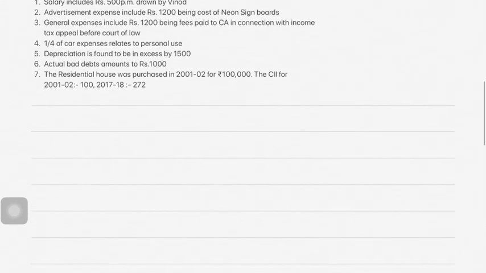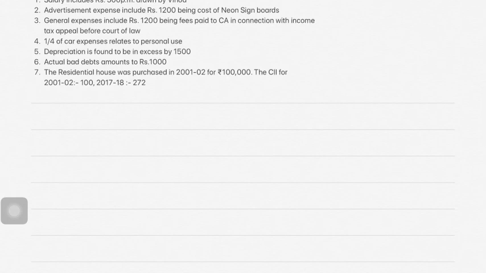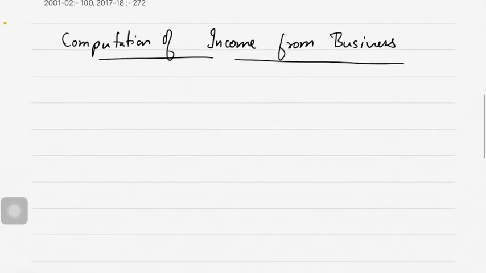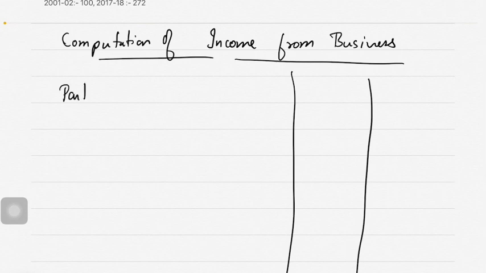Okay, so let's start. Write the heading: computation of income from business. Draw 3 columns: particulars, amount.